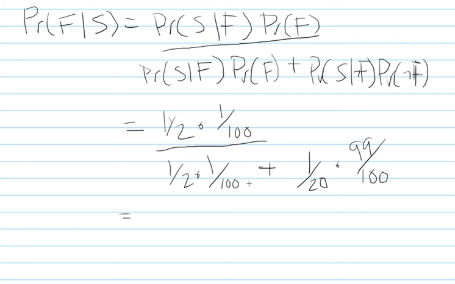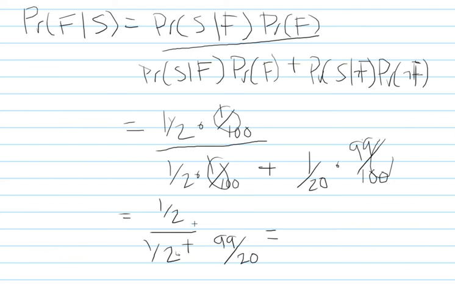So what I'll do first is, you could just plug this into a calculator of any type, but I'll just quickly work through this by hand. So the first thing we want to do is just pull out all of these 1/100s. So what we get then is 1/2 over 1/2 plus 99/20. And then what we'll do is increase these fractions so that the denominator is 20.